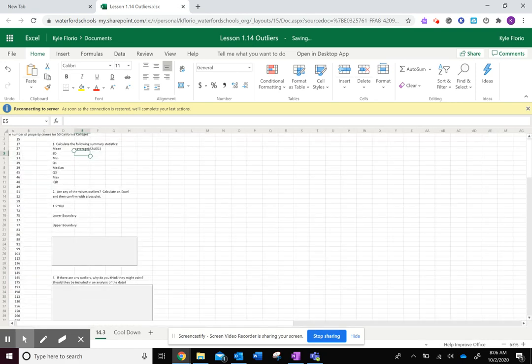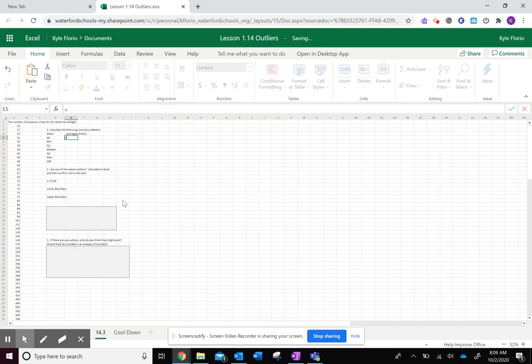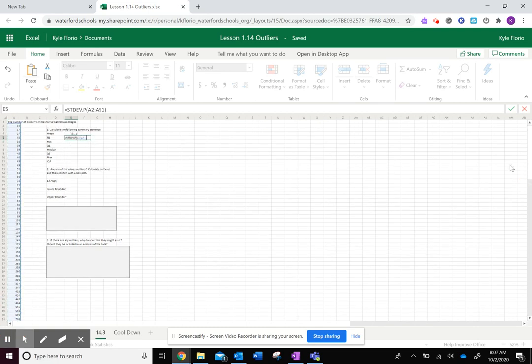That's fine. When it comes back, it comes back. So that formula will give us that. If I want the standard deviation, that's STDEV.P. And the reason why I'm zooming out is just so this part is a little bit easier to do. Okay. There we go. It came back.